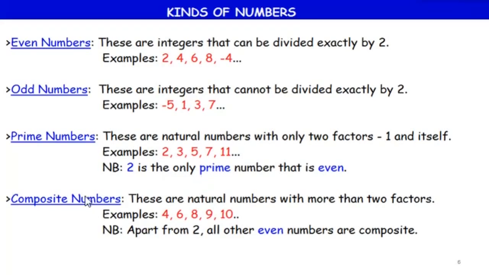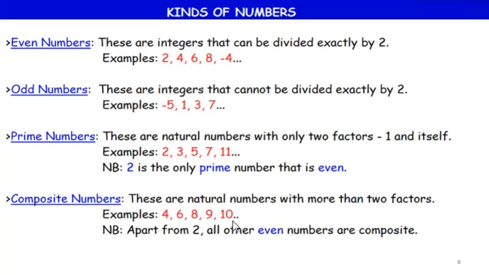Alright, let's move on to the last type of numbers here. We have the composite numbers. These are also the opposite of prime numbers. Composite numbers have more than 2 factors. We have some examples here: 4, 6, 8, 9, 10.